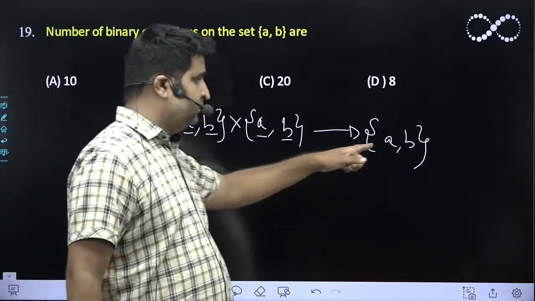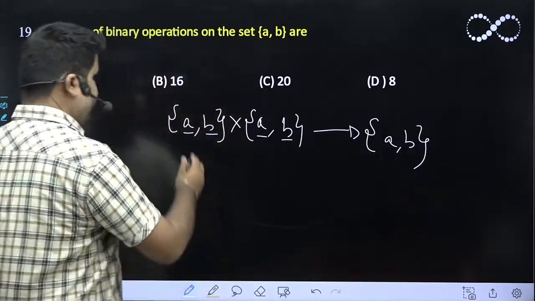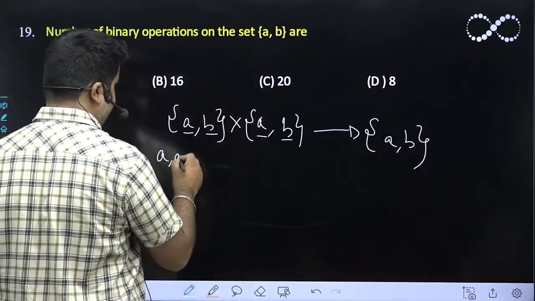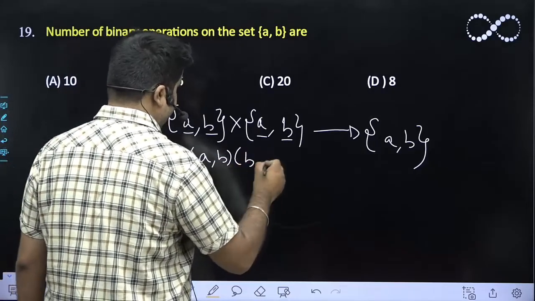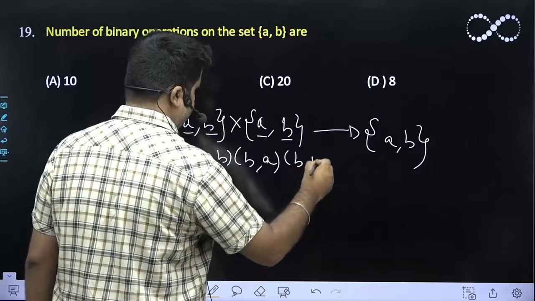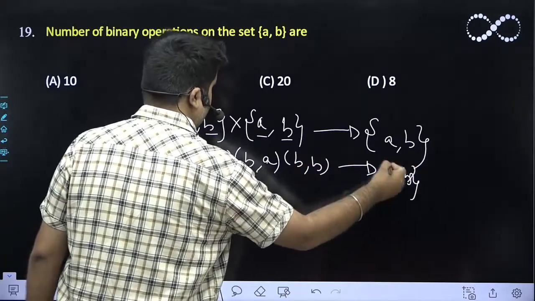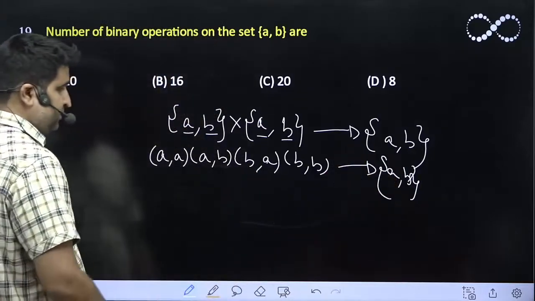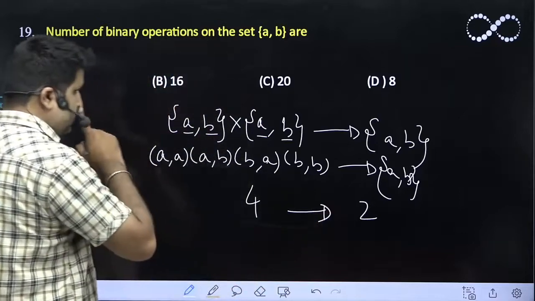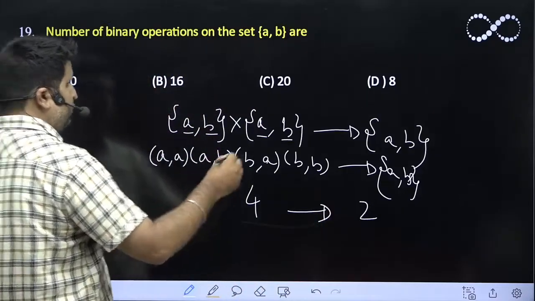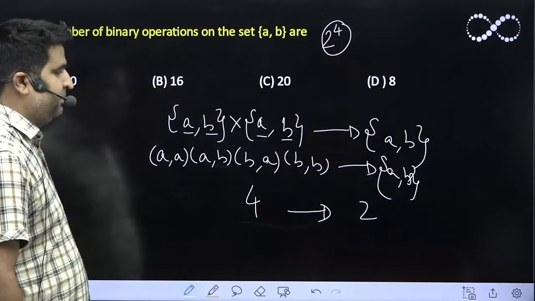And 2 possibilities here, right? From here you will get 4 ordered pairs, (a, a), (a, b), (b, a) and (b, b), and these are all getting linked with a, b. So the answer here will be equal to 2 to the power 4. This is the formula which you have to remember.